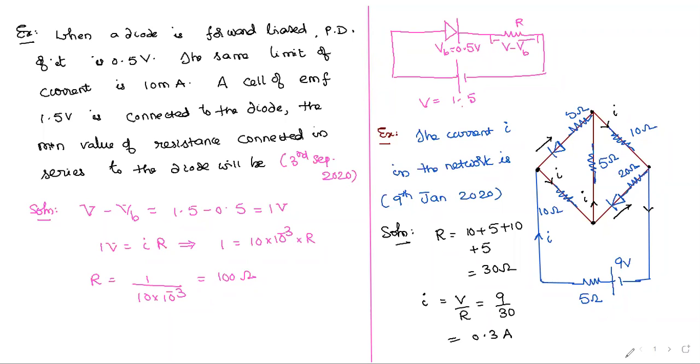Why? Because it offers more resistance and does not allow the flow of current. A junction diode should be used in forward bias only. If I am able to use this one in reverse bias also, I feel so happy.